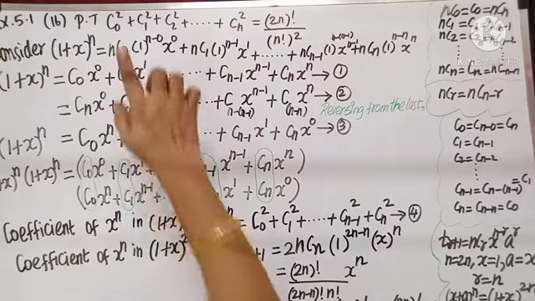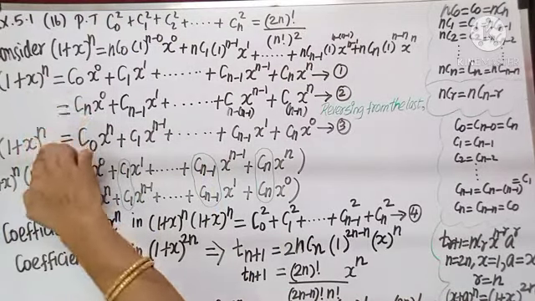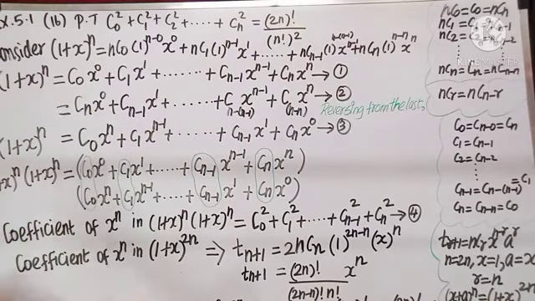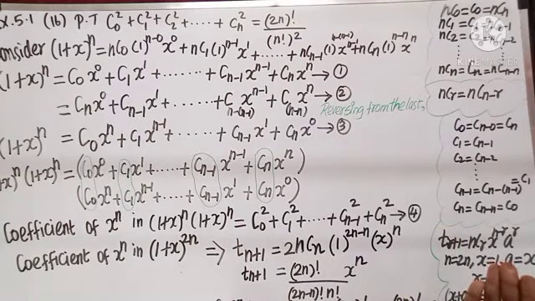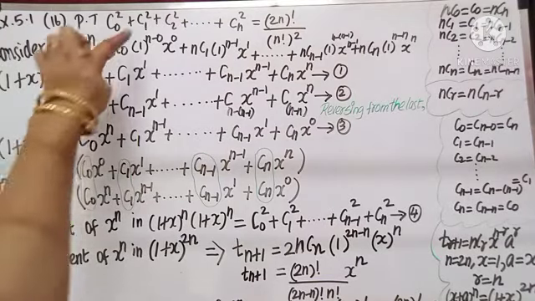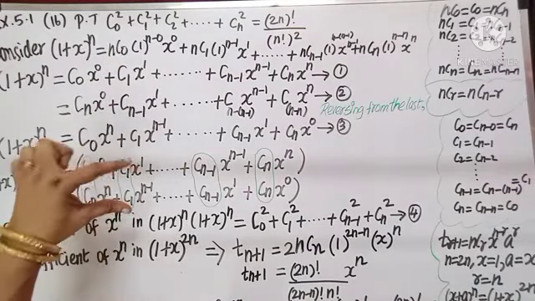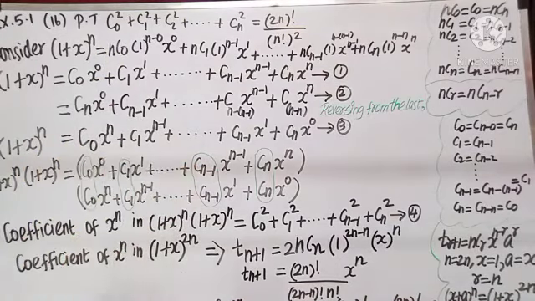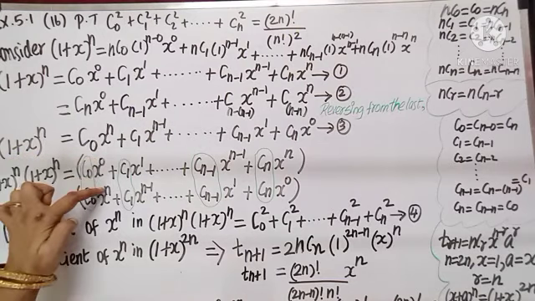Now, because I want squares, I need to multiply the expansions. As I multiply, I don't want all the multiplication terms. I want only C0 square. How do I get it? Multiplying the 2. I want C1 square. Multiplying the 2. I want C2 square. So next terms we want to multiply. How am I to do that? Look at x powers. Here the power 0, here the power n.